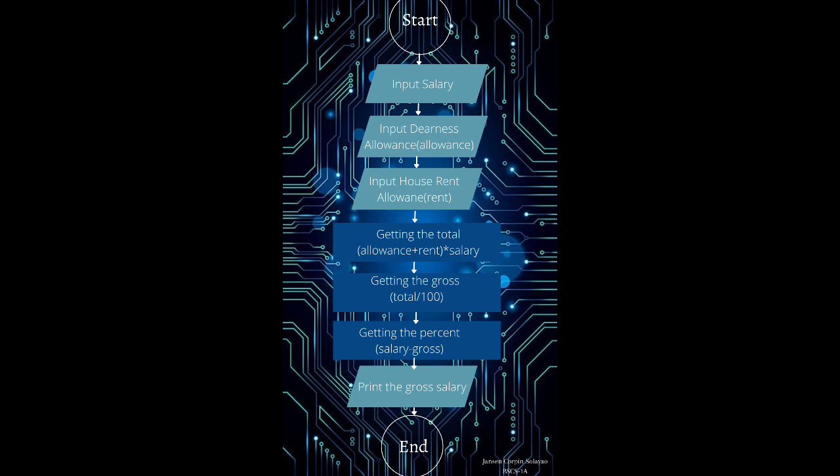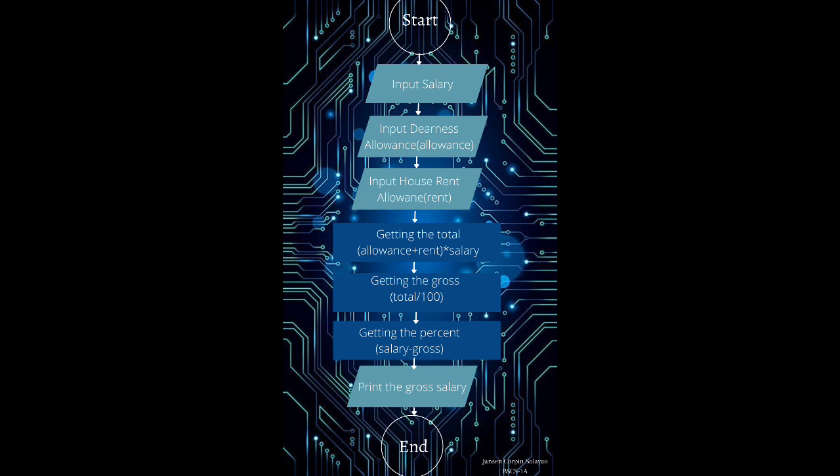I just multiply it by the salary so that we get the ratio or the percentage. And then getting the gross: the total we get from adding the allowance and rent and multiplying is divided by 100.